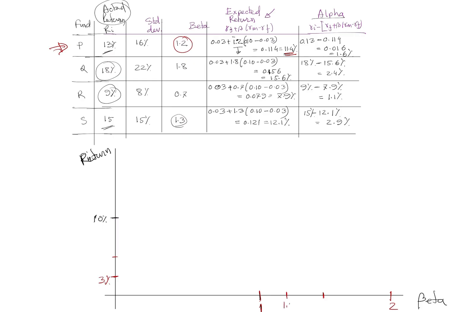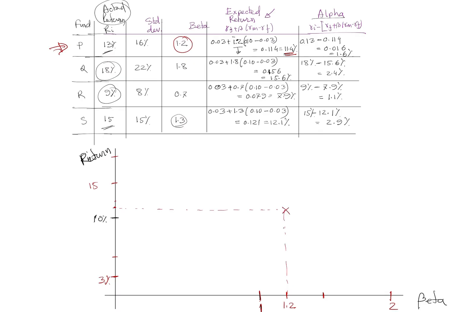Let's say 1.2 here. So when this one is 1.2, we are looking at something like 11.1. So let's say this is 10, if this is 20, this is 15. So 11.1 somewhere in here.